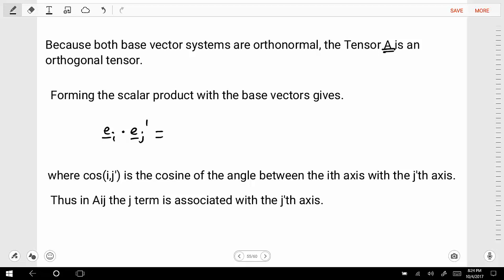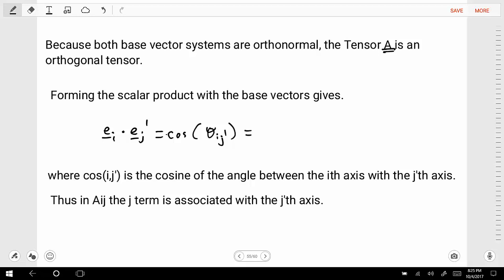So when we do the magnitude of A and B here, it's 1 and 1. And we end up with a cosine of theta i j prime, where the j prime indicates that j is associated with our new coordinate system, right?